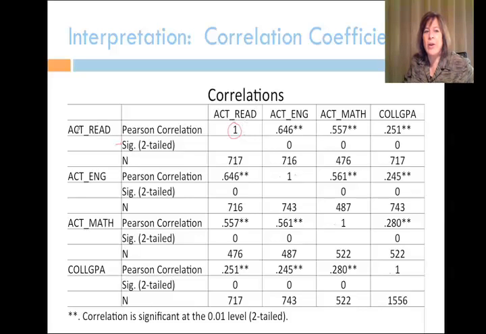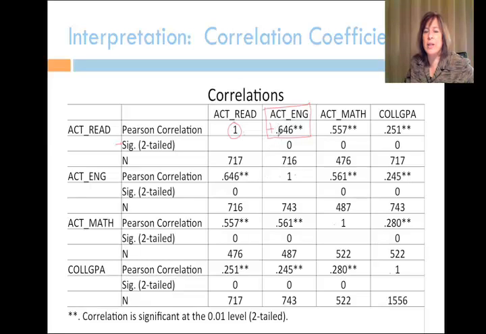So let's look now at ACT reading score and ACT English score. The R is positive 0.646.